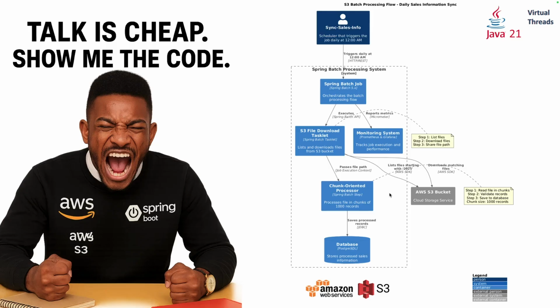Now going back to our C4 diagram, we will see that the first thing that we are going to do is download the file, right? So we are going to list the file, we are going to download the file, we are going to share the file path with our Spring Boot or Spring Batch application in order to get the file that we have just downloaded. Now let's go to the code and let's implement all three steps.